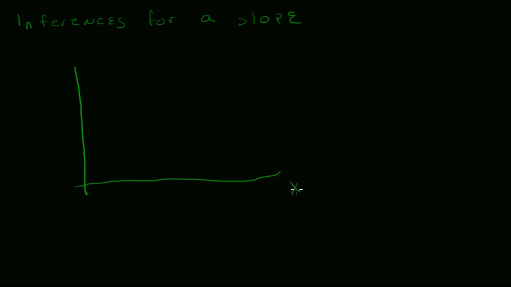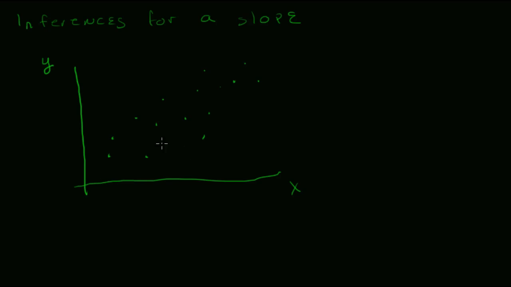It has an x, an explanatory variable, and a y, a response variable. We don't have all of the points in the population, just a subset of points in that population. So here's my subset of points.